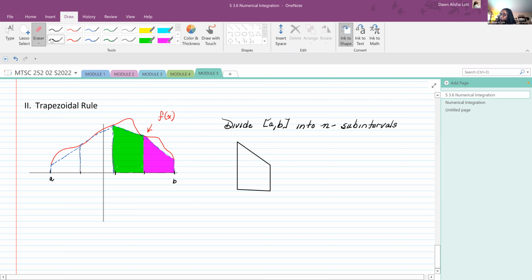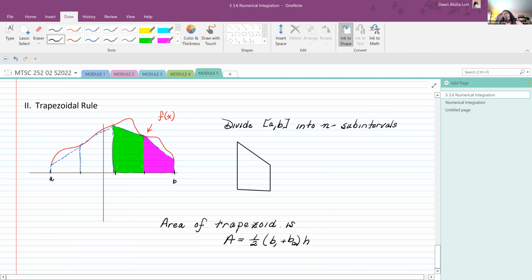All right, so the area of a trapezoid is A equal to 1/2 base 1 plus base 2 times the height.